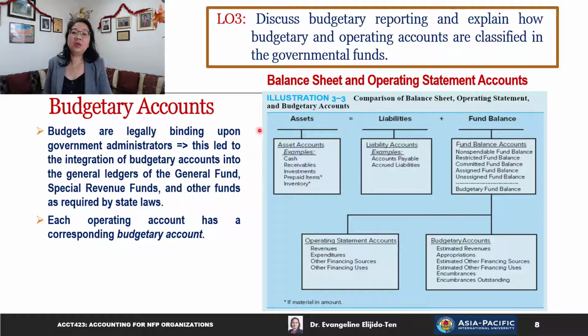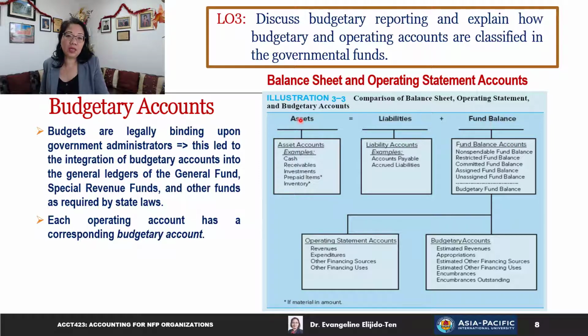All right. So your balance sheet will be up here, right? Assets equals liabilities plus fund balance. So your assets are similar to what you know. It could be cash, receivables, investments, and the like. Liabilities would be your accounts payable, accrued liabilities, and your fund balance should be equal to the net of your assets, right?